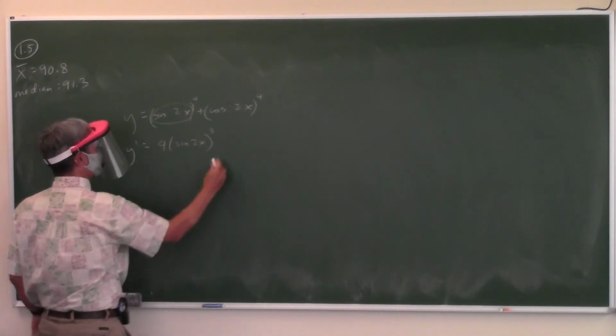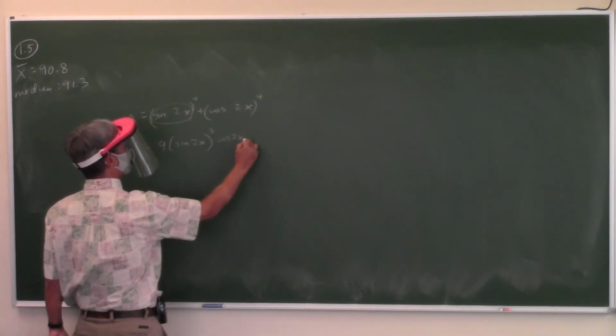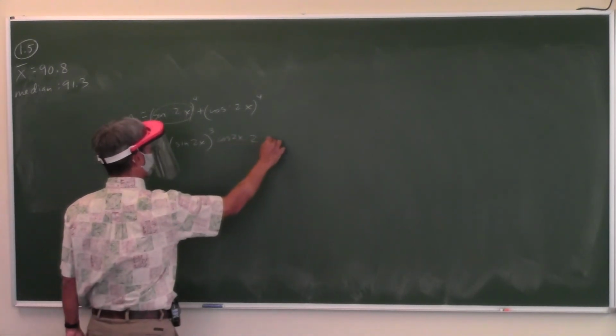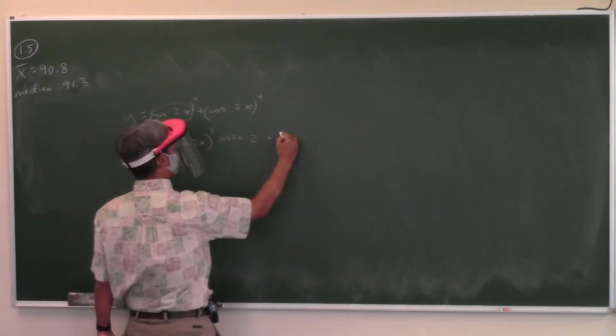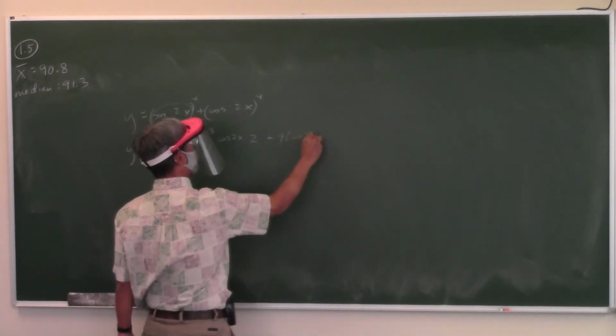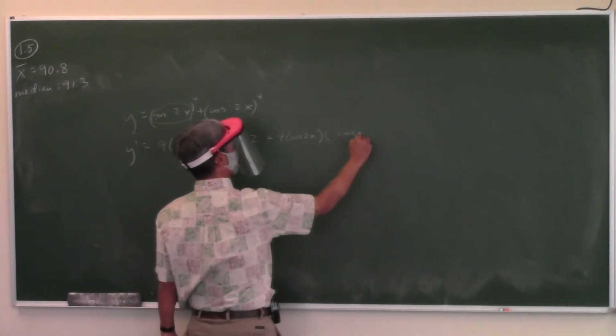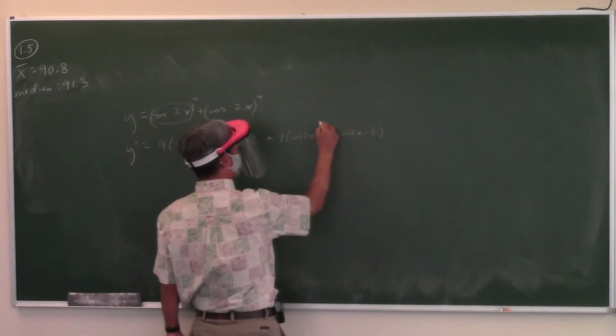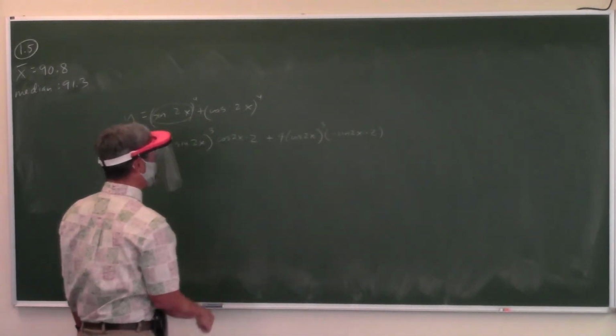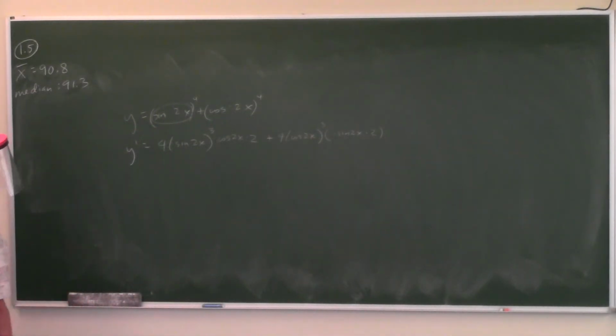Times cosine 2x times 2. Okay, good. And then the next one? Plus 4 cosine cubed 2x times negative sine 2x times 2. Okay, but don't forget the cube. Yes. Okay, there you go. That's correct. Okay, here's the best part, now the simplifying.